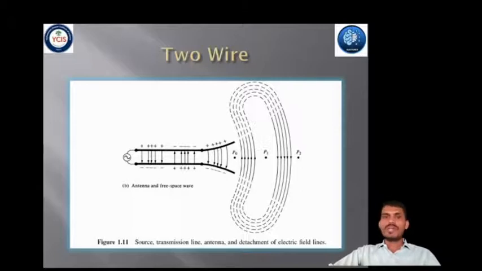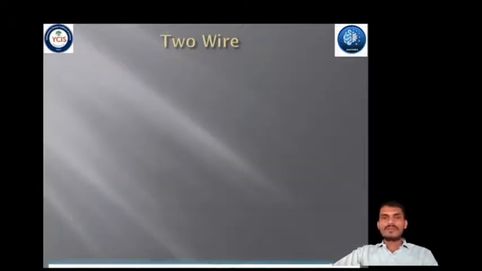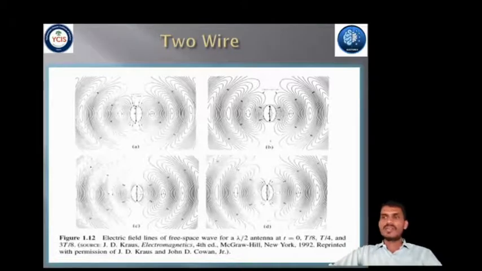Now figure 1.12 displays the creation and travel of a free space wave by a prolate spheroid with lambda by 2 interfocal distance, where lambda is the wavelength.